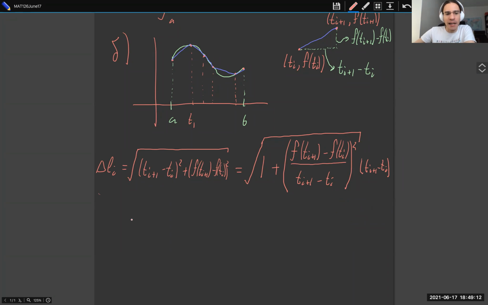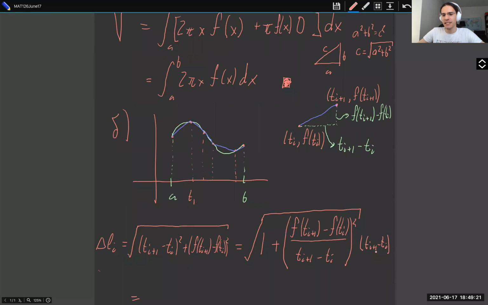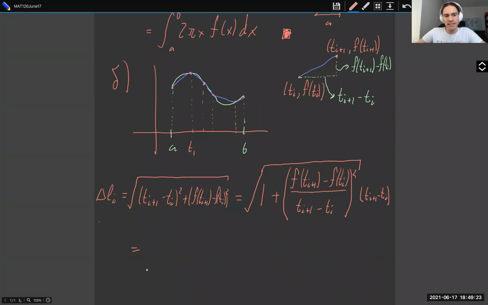So why did we factor it out? Because remember, the delta t sub i becomes a dx. So I want to write this expression as something times delta t sub i. And if I write it as something times delta t sub i, then I get exactly this expression, 1 plus the square of f of t sub i plus 1. Or you know what?